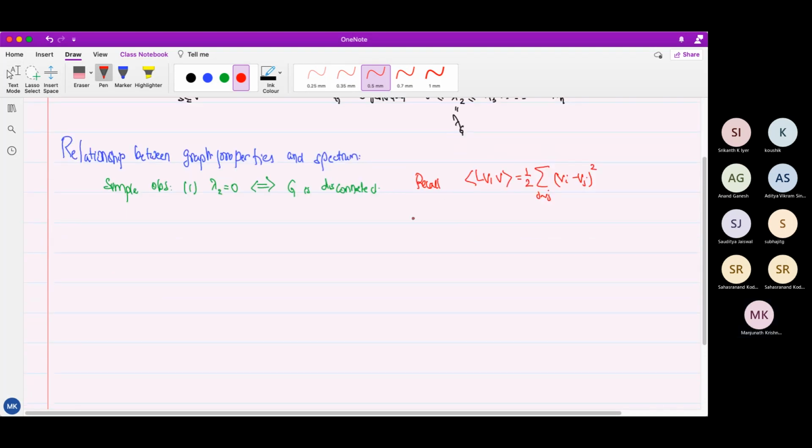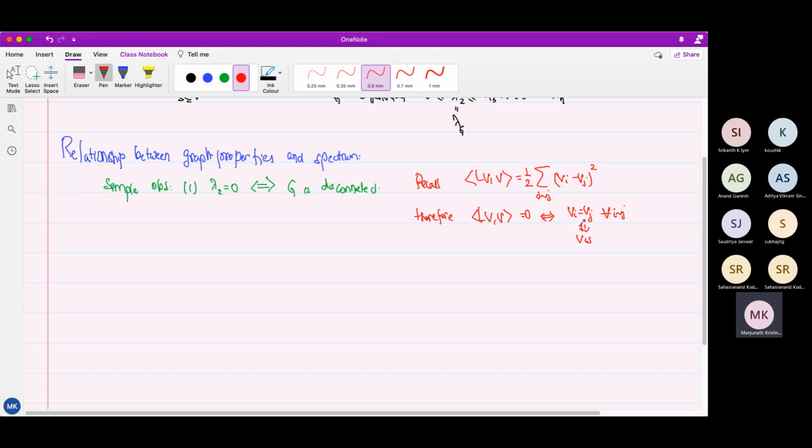Therefore, LV inner product V equals 0 if and only if Vi equals Vj for all edges ij. So whenever there is an edge, the values must be equal.